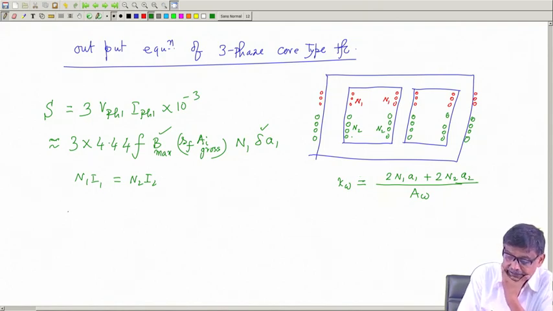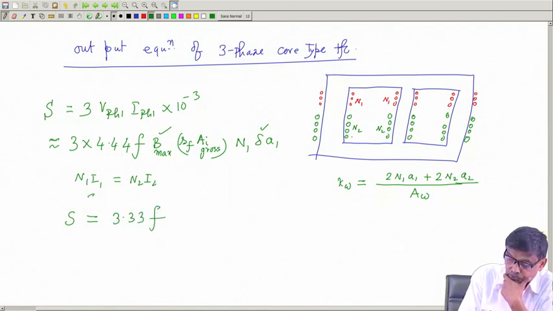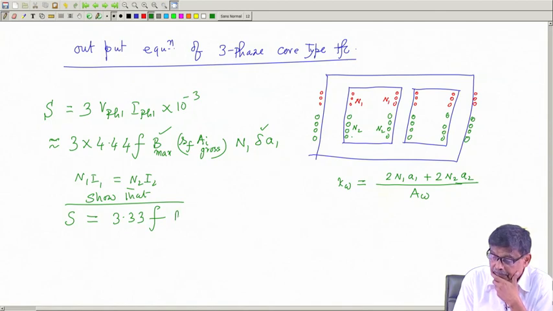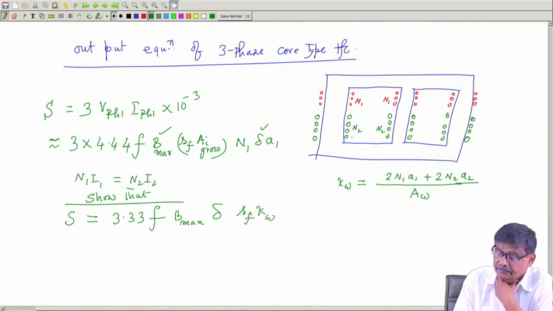What you will get is this, the total kVA will be 3.33 F B max magnetic loading, this loading, then delta, S f K w. What else will be there? 3.33 F B max delta S f K w.